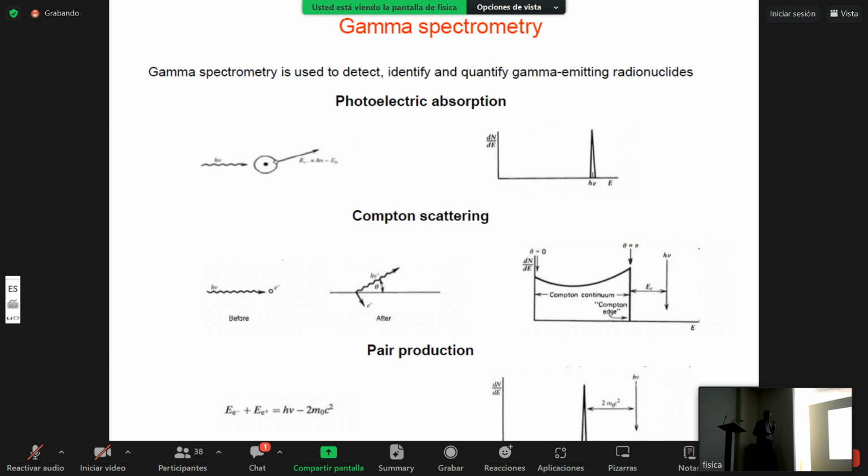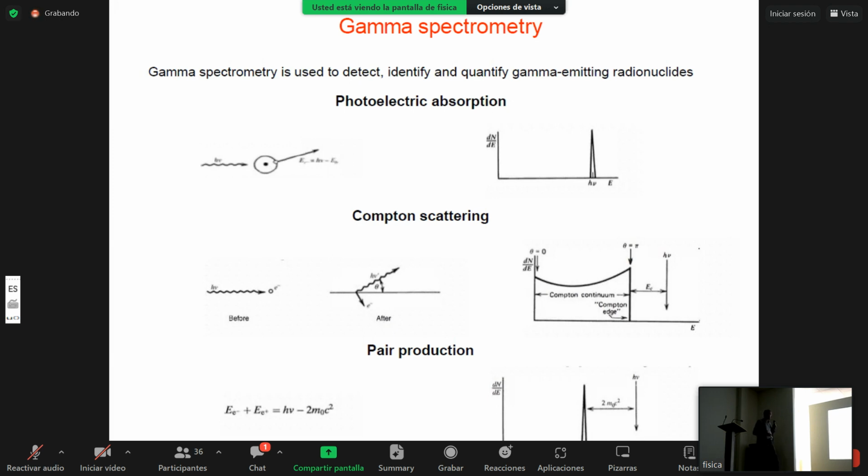I showed you the formula in my previous lectures, that there is some maximum of energy that can be transferred to this electron, which causes ionization. And the maximum of this energy is called the Compton edge. This Compton edge is located somewhere here and corresponds to the angle of scattering which is equal to 180 degrees.